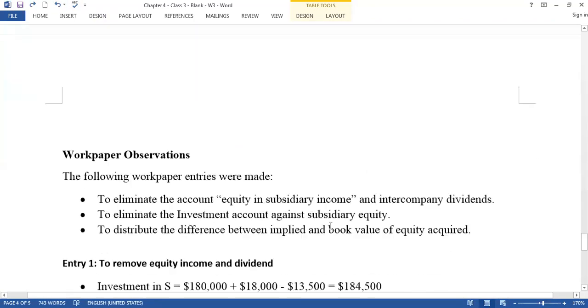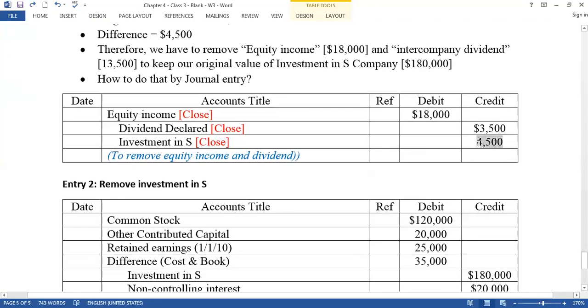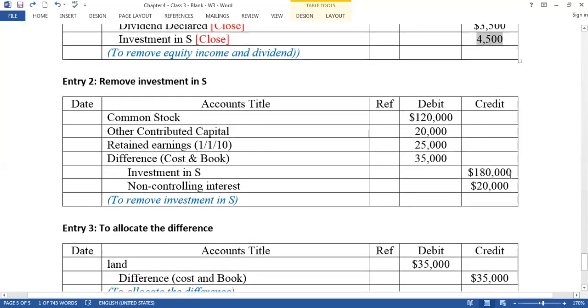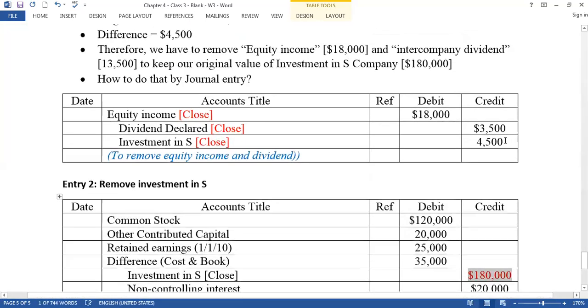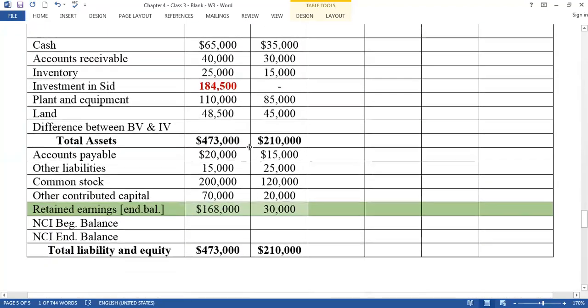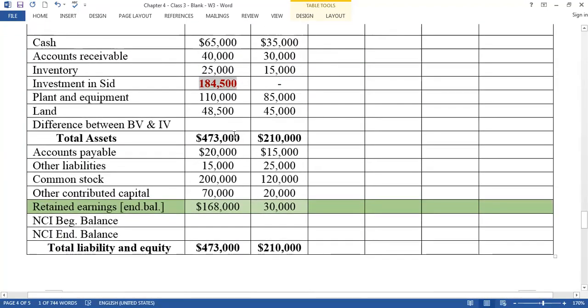Okay. So we close 4,500, and we again close $180,000. So look, we close $180,000 here. We close 4,500 here. So total is $184,500. Clear? So this is the difference between cost and equity method.